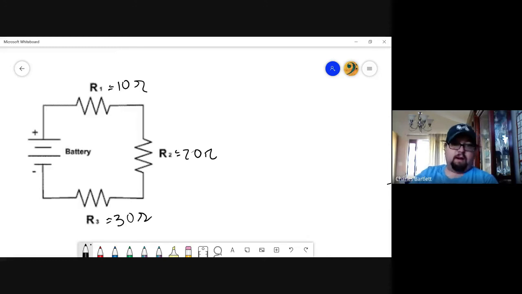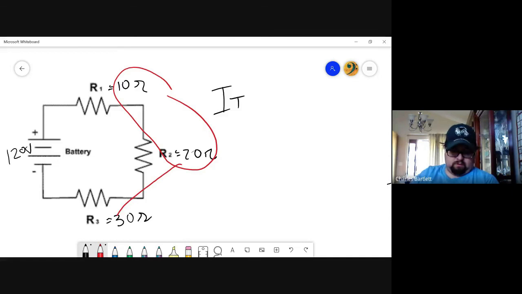We could keep our voltage the same, or we could say we've just hooked up a whole bunch of batteries together. 10 12-volt batteries hooked together in series would give you 120 volts, because in a series circuit, voltage adds up, just like I showed you. And if we get these weird numbers, we would still have to figure out IT. We would do that by adding these together to get 60. So RT would be 60 ohms.